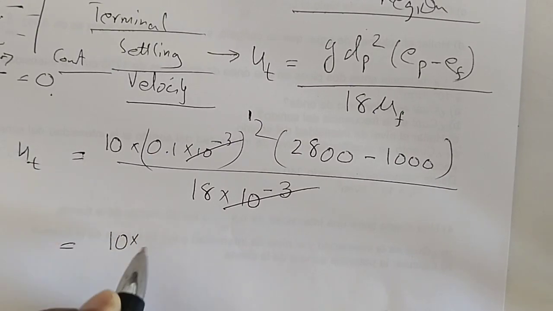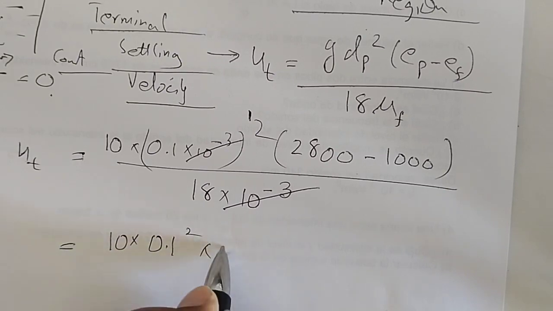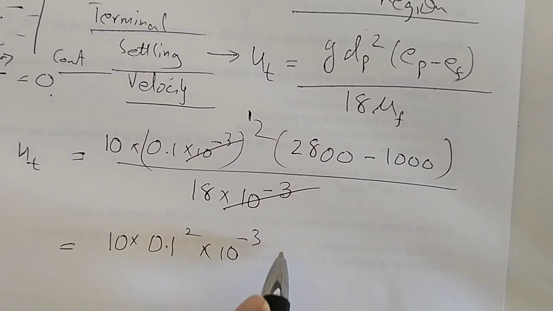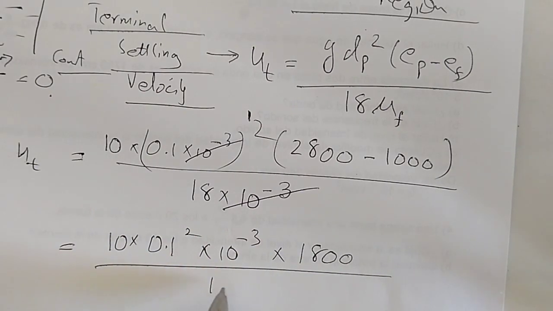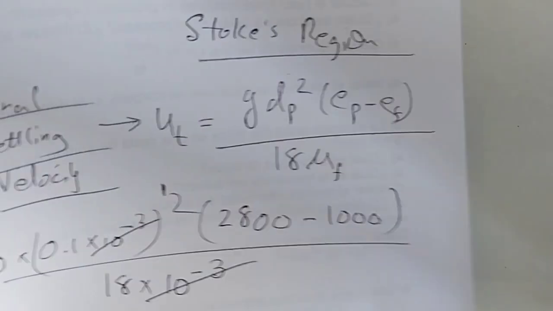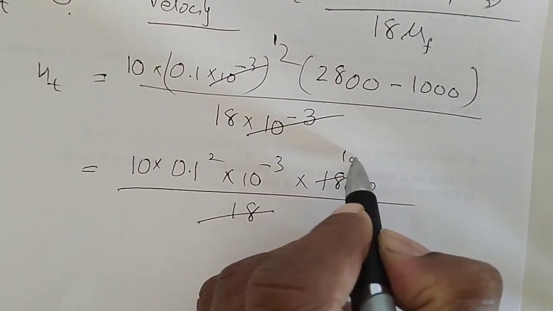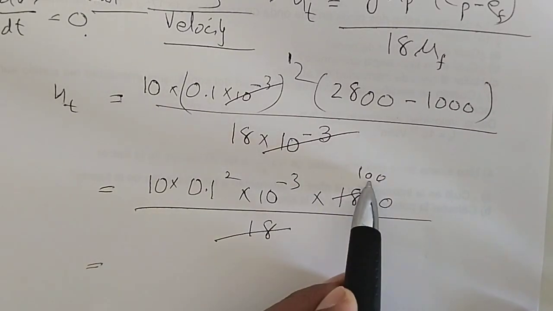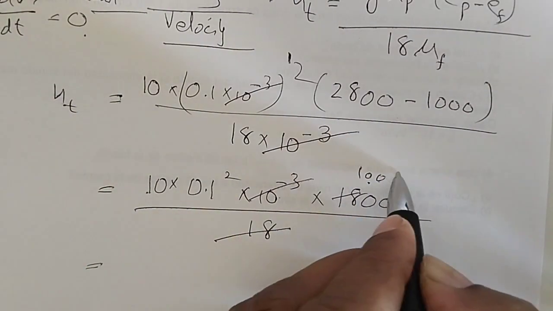So 10 into 0.1 square into 2800 minus 1000, which is 1800, divided by 18. Now 18 is cancelled, so it becomes 100. 100 into 10 is 1000, and 10 raised to minus 3 gets cancelled.